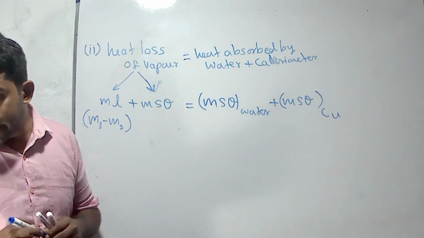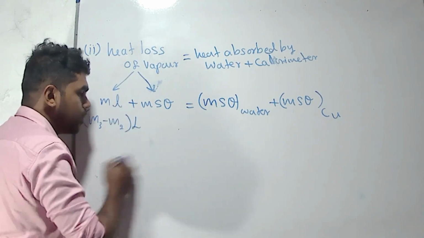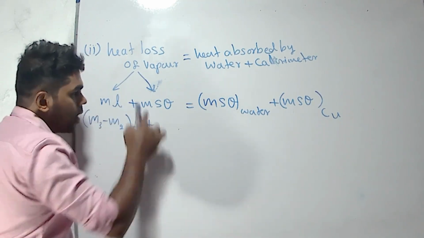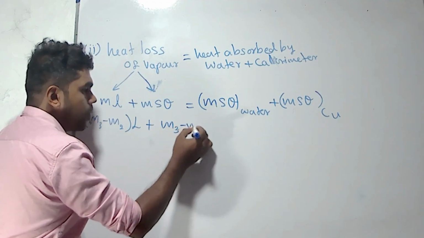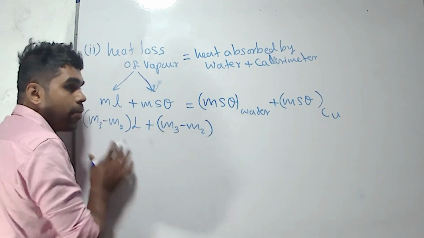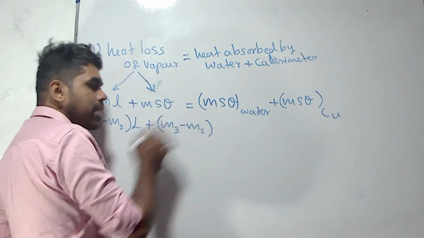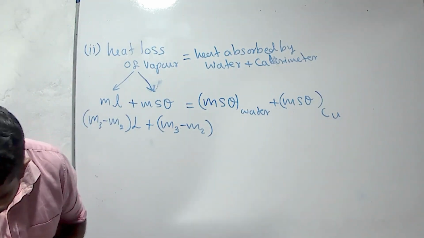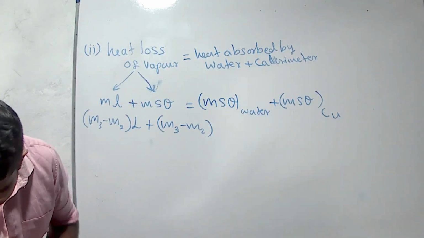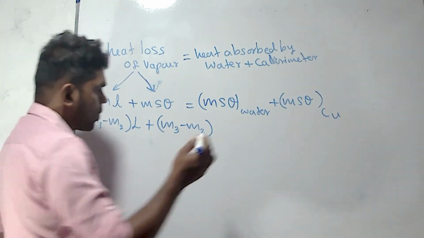They have given the latent heat of vaporization as capital L, so it is L times vapor mass, M3 minus M2. Therefore, the condensed water mass is also M3 minus M2. s is the specific heat capacity of water, given as Cw.